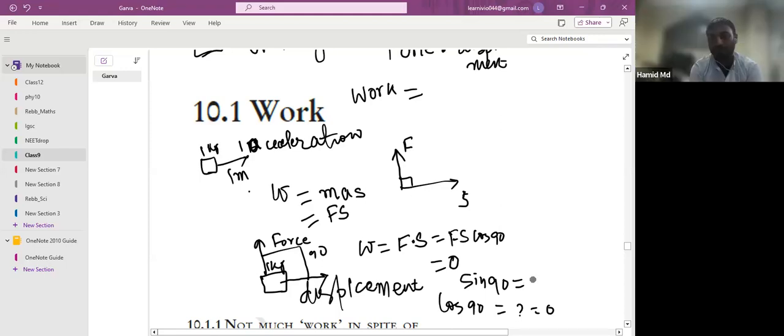You didn't? I think even in class 8 there is some part, or even in class 9 there is some trigonometry. Okay, so keep these two values.